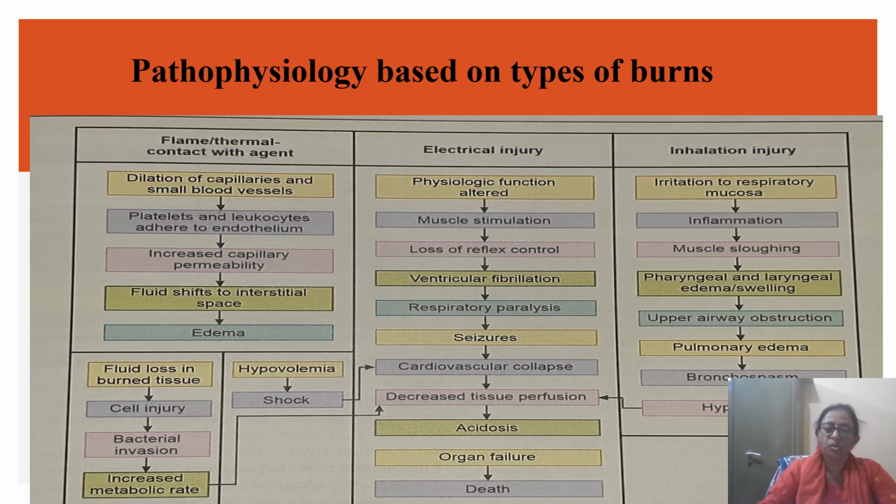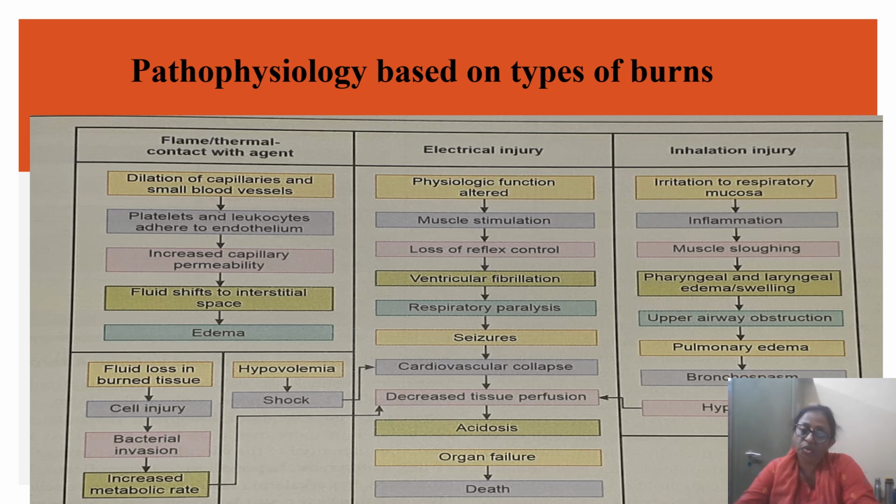Then electrical injury: physiological function will be altered, with muscle stimulation, loss of reflex control, ventricular fibrillation, respiratory paralysis, seizures, cardiovascular changes, decreased tissue perfusion, acidosis, organ failure, and death.